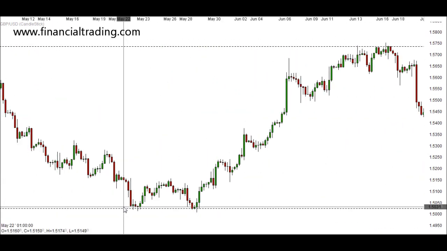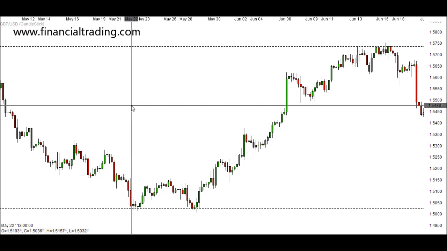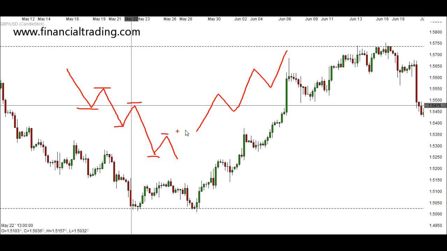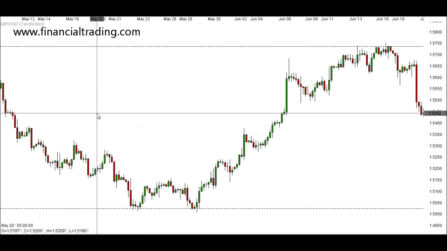There are also minor support and resistance areas in the market. Obviously, when price is downtrending or uptrending, we have a step motion. At the end of each push and pullback, we have minor support and resistance. These are also worth marking.